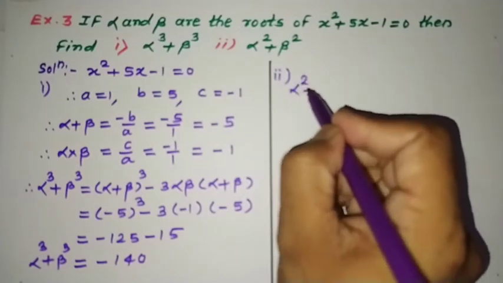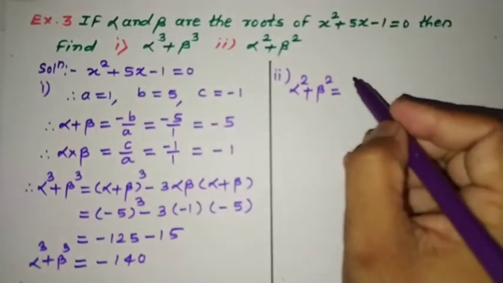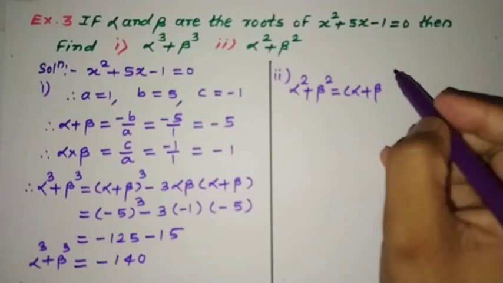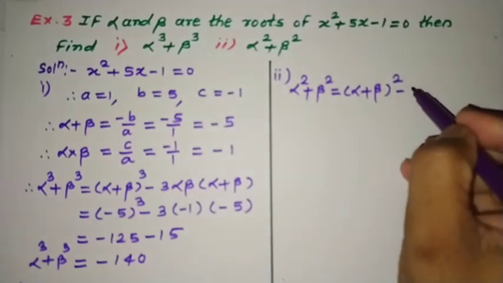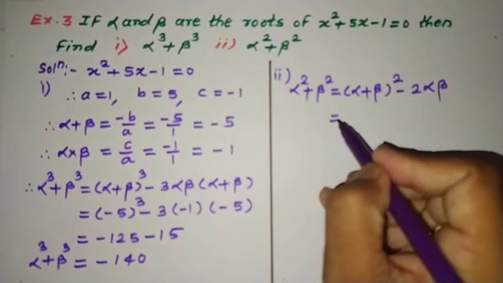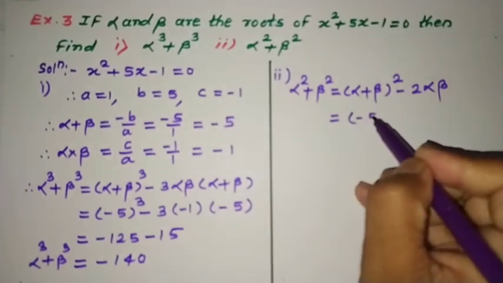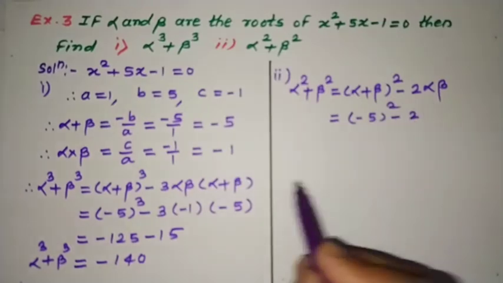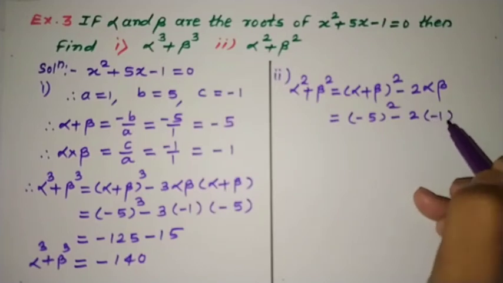And second, alpha square plus beta square is equal to alpha plus beta whole square minus 2 alpha beta, which is minus 5 whole square minus 2 into the value of alpha beta multiplication, minus 1.